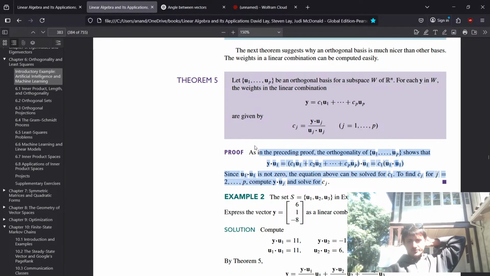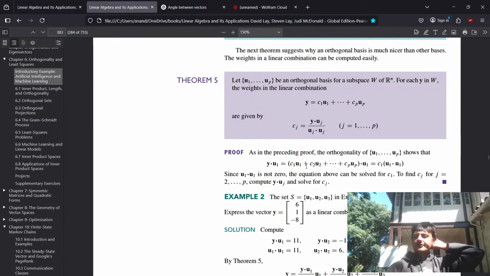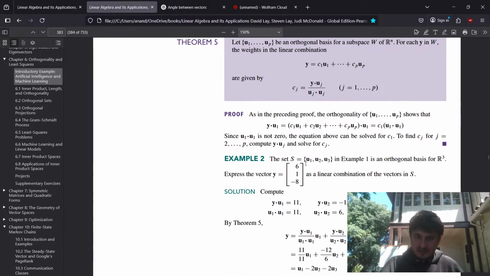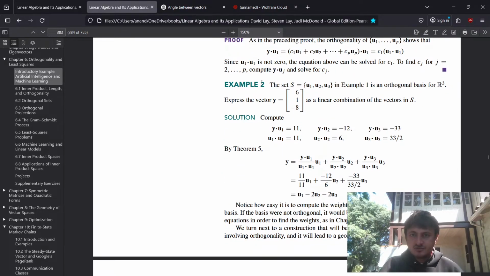Okay, that's pretty simple. You just find the weight. So yeah, it's faster. I actually do want to look at this example.